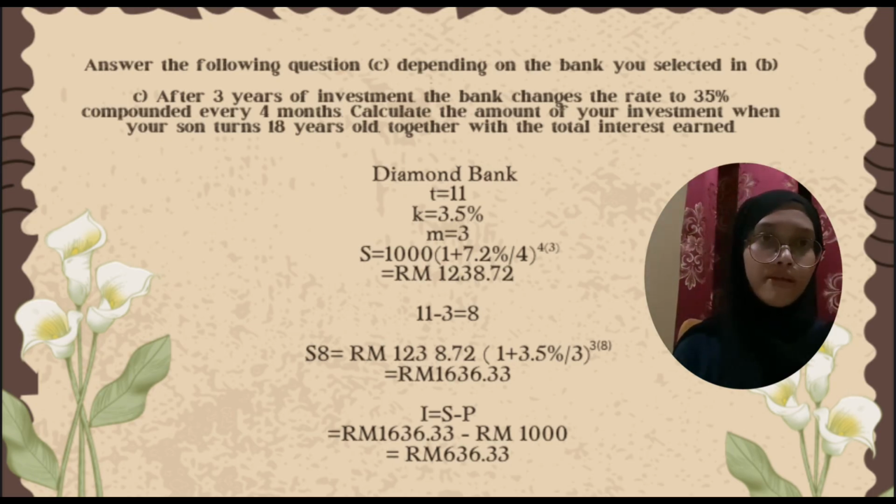Then the calculation must be SA equals 1,238.72(1 + 3.5%/3)^24. The answer is 1,636.33. To know the interest earned, the calculation should be 1,636.33 minus 1,000.